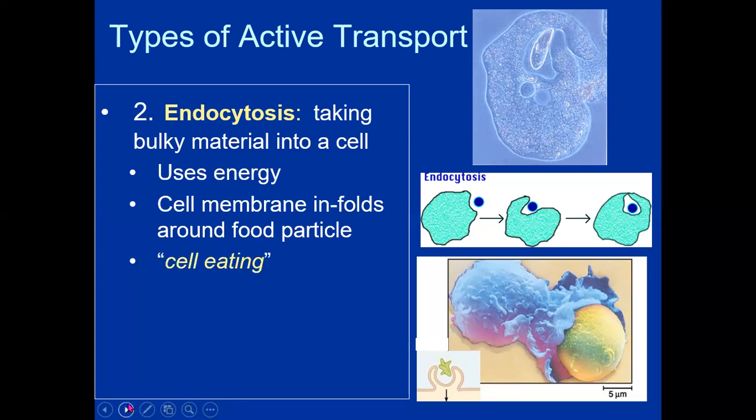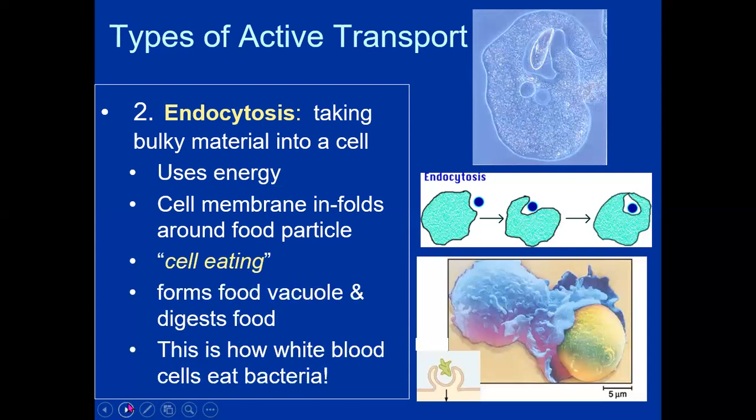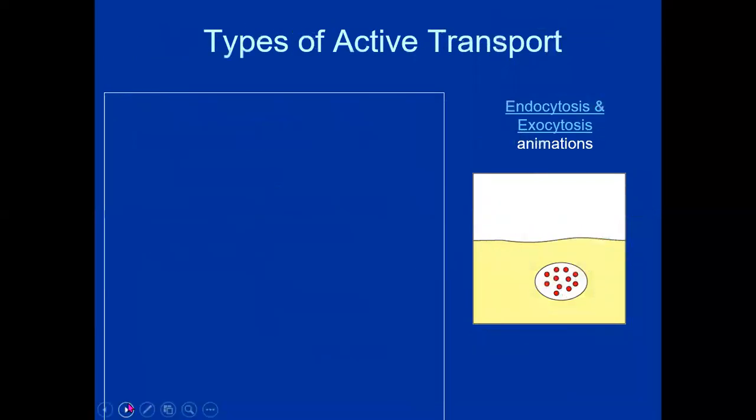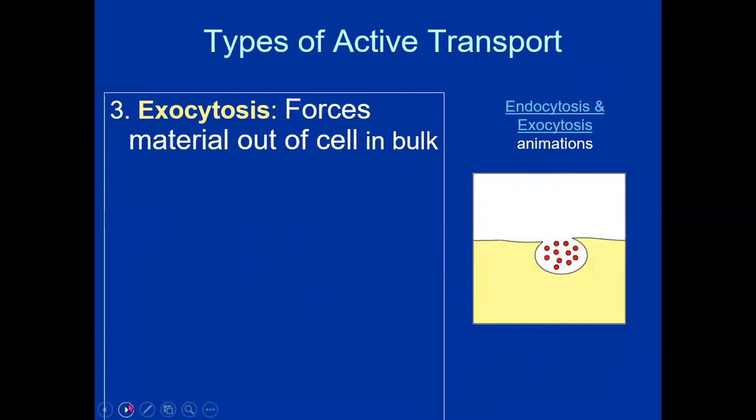So this is referred to as endocytosis or cell eating, or if you want, you can call it phagocytosis. Like I've said, this is how the white blood cells, for example, eat bacteria. The opposite is also true, which is referred to as exocytosis.